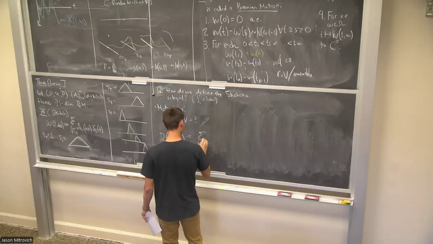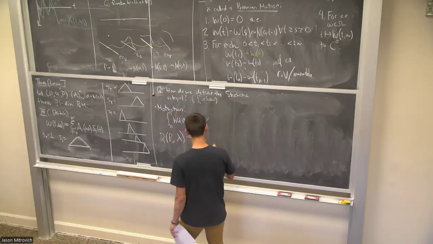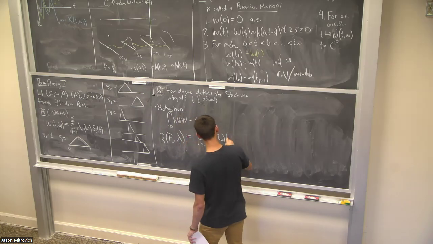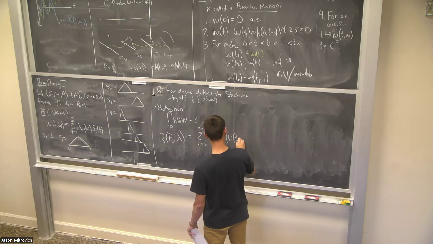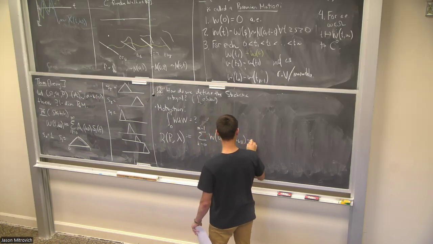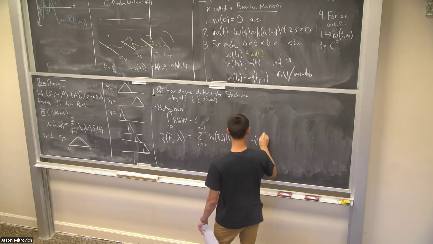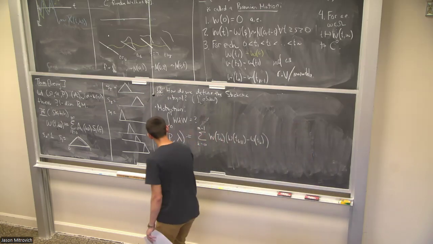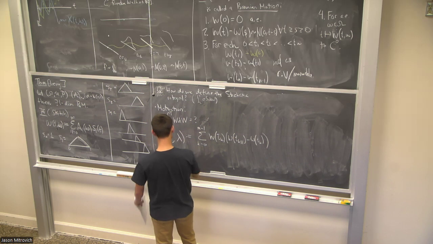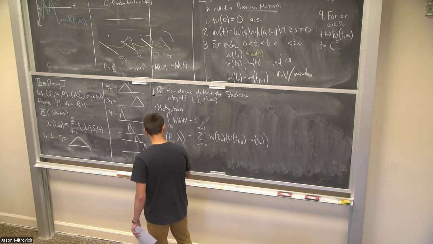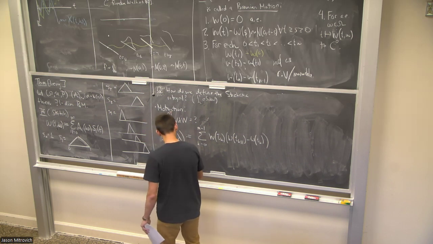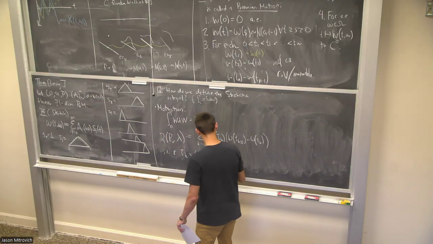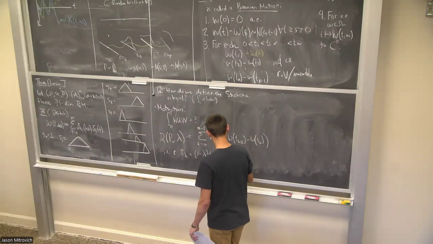So k equals 0 to m minus 1. But now we're going to take a point in the interval. I'll write that down in a second. W of t k plus 1 minus w of tk, like this, such that p partitions 0 to T, and tau is given to be equal to 1 minus lambda tk plus lambda tk plus 1.